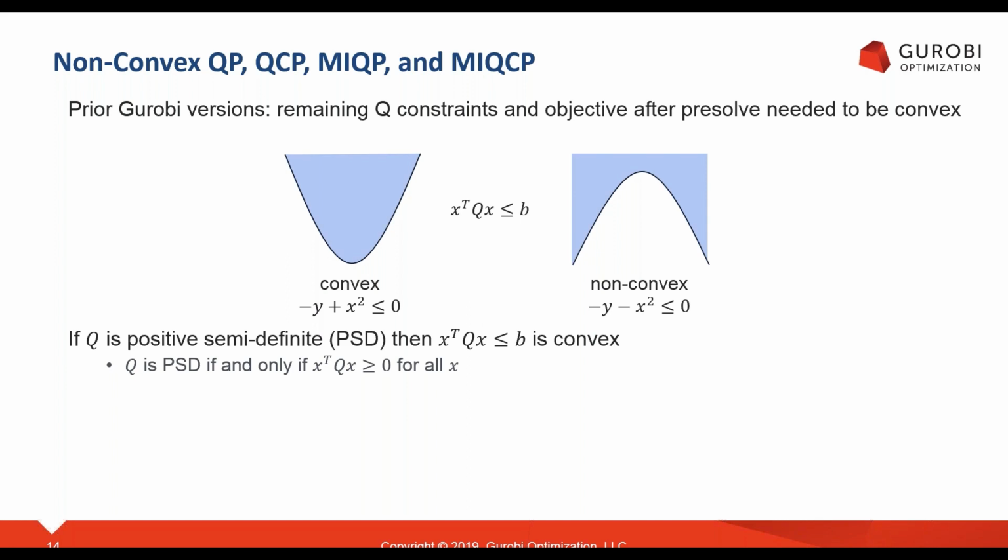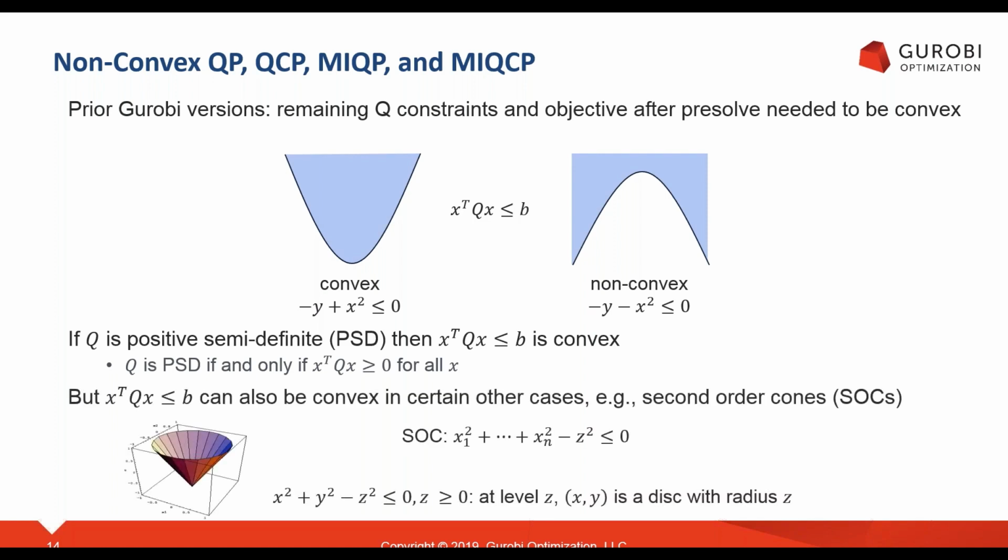So positive semi-definiteness means that for any vector x that you plug into this constraint, so x transpose Qx, this product is non-negative. But there are also other cases where the constraint is convex, but the Q matrix is not positive semi-definite.